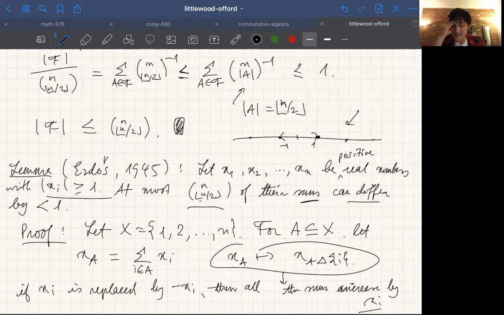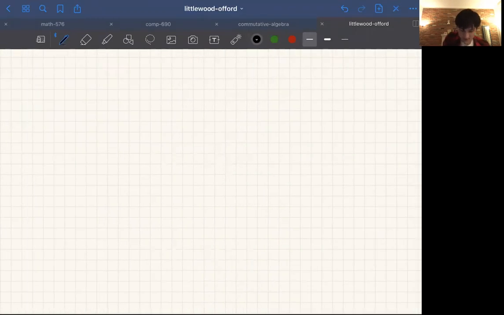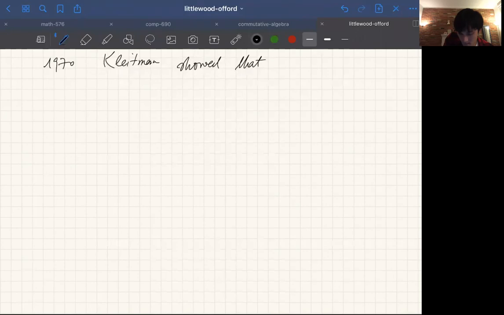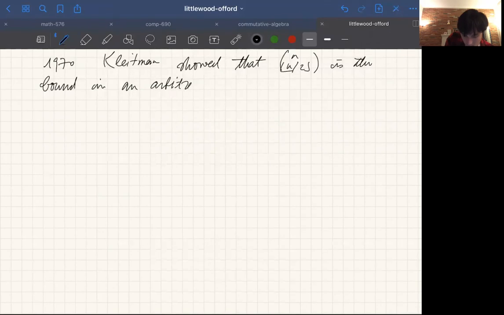And actually in 1970, Kleitman showed that n choose n over 2 is the bound in an arbitrary normed vector space.